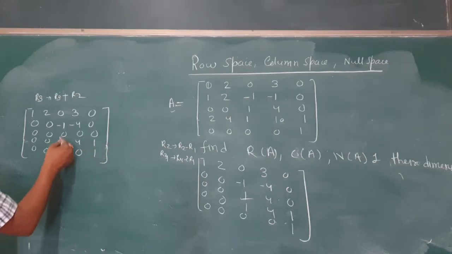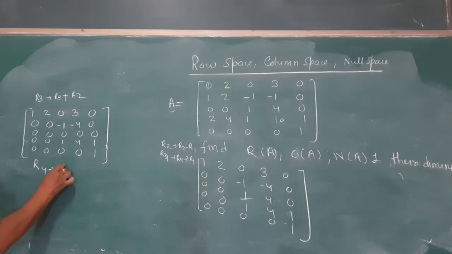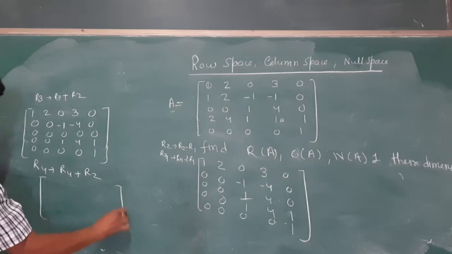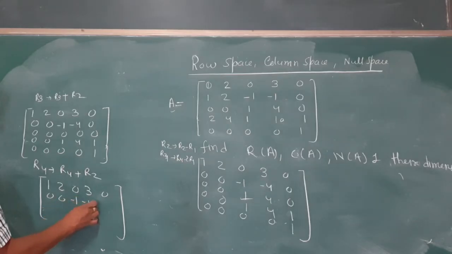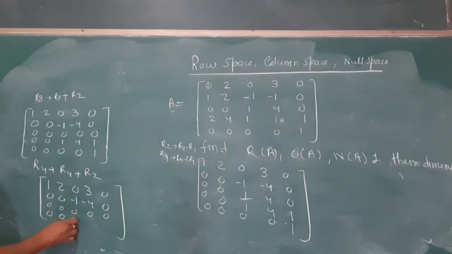If we add these two, meaning R4 changes to R4 plus R2, what happened? 1, 2, 0, 3, 0; 0, 0, minus 1, minus 4, 0; 0, 0, 0, 0, 0; 0, 0, 0, 0, 1; and the last one is also 1.